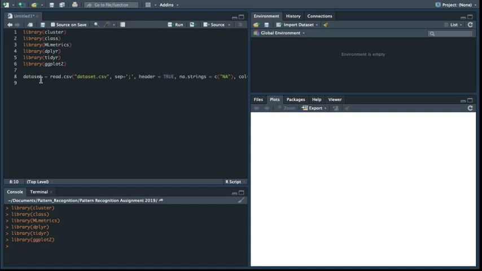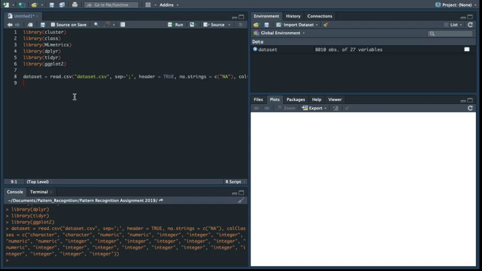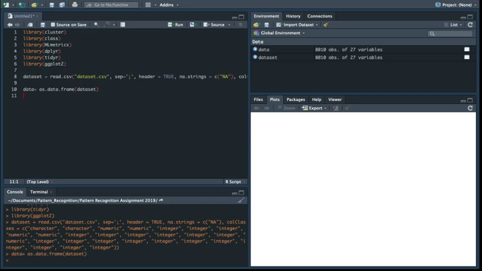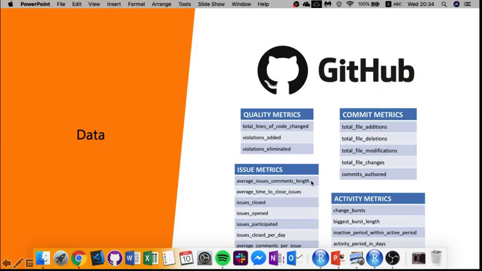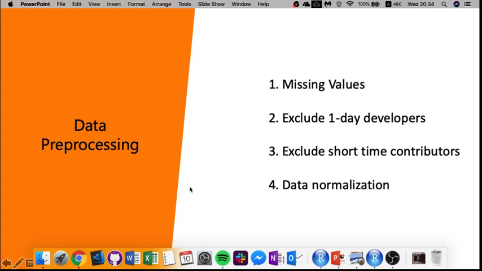So first thing is to import the dataset. Then we are going to transform the dataset to a data frame, and then as you can see here, we have a lot of metrics, and sorry for my tab bar.